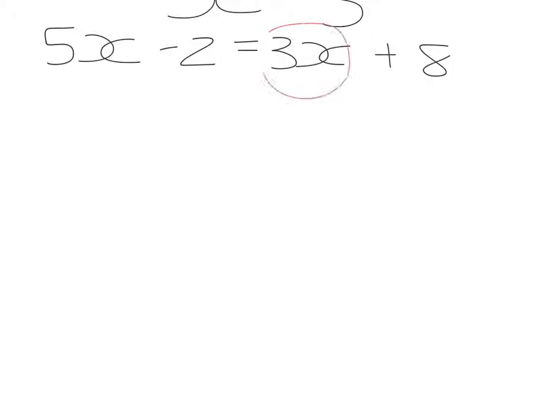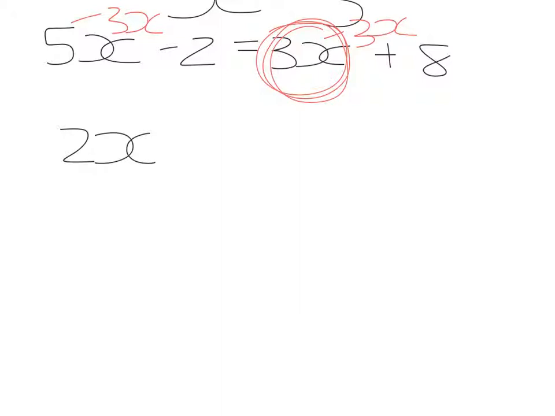We always start off with the right-hand side, 3x. We want to get rid of it, so we take 3x. Remember, whatever you do on one side, you've got to do on the other side. So 5x take 3x gives me 2x, and I'm left with minus 2 equals, we've already got rid of our 3x, so now we have 8.